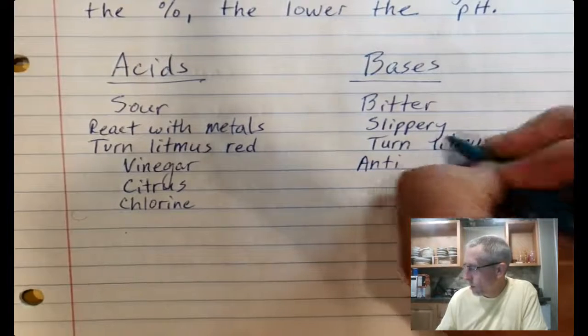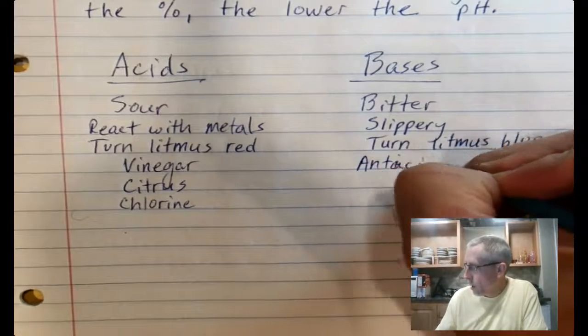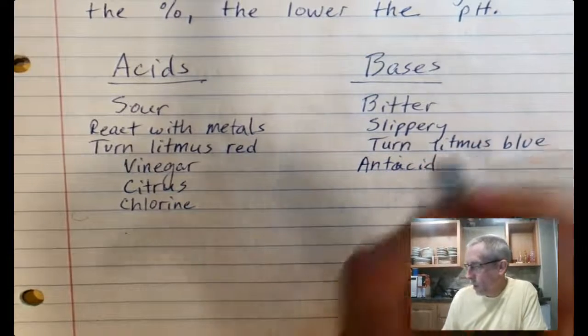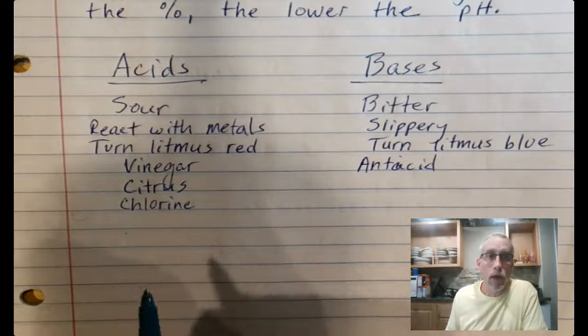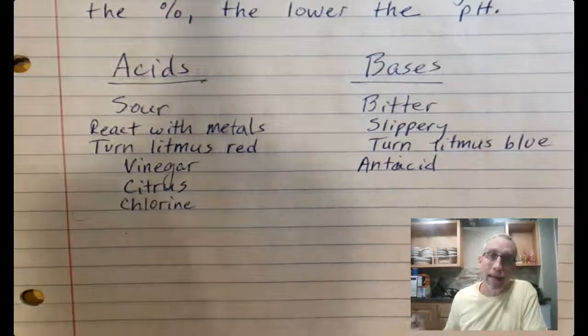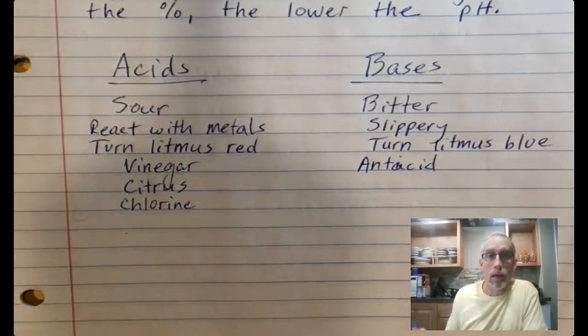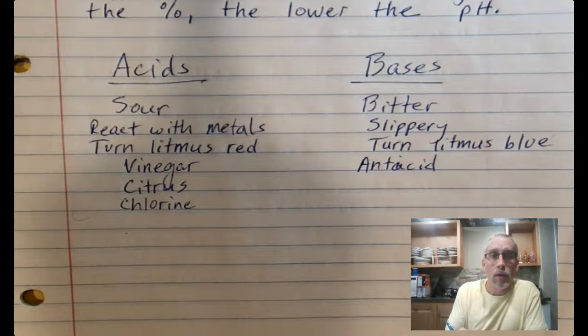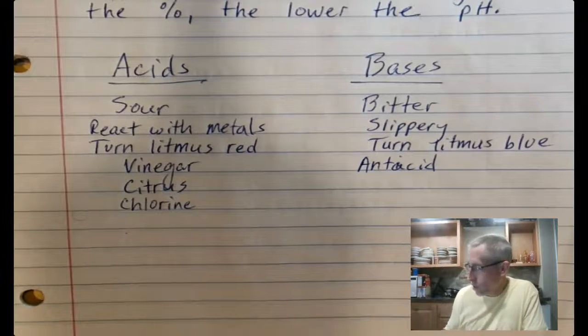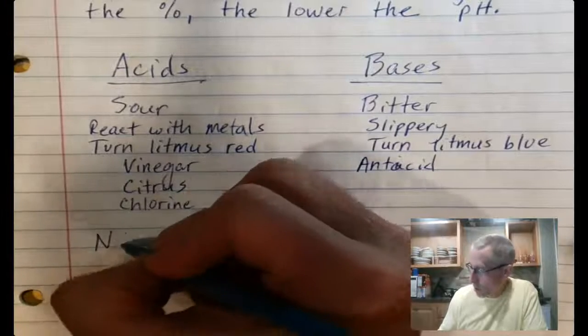If you have an upset stomach, a lot of times that's too much hydrochloric acid in your stomach. You can take an antacid, and what that does is counteract the effect of the acid. There's something we refer to as neutralization, and I want you to know what that means as well.